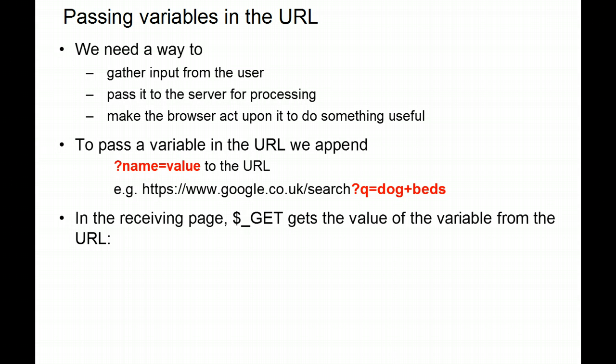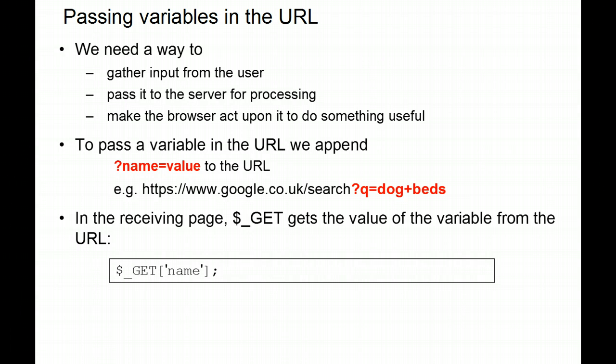This is done with the PHP superglobal $_GET in capital letters, using this syntax: $_GET, and then square brackets, enclosing single quotes, and then the name of the variable. Don't forget the semicolon. And then we can assign the value of that to any variable name in the usual way.